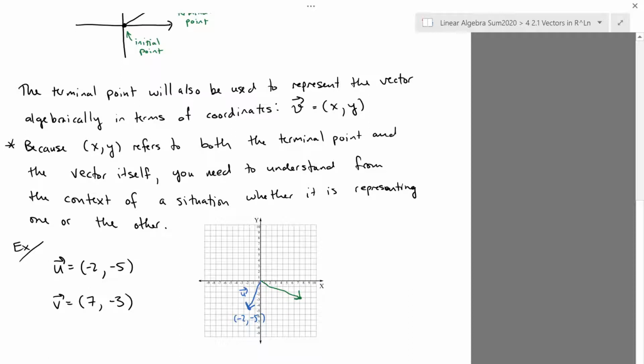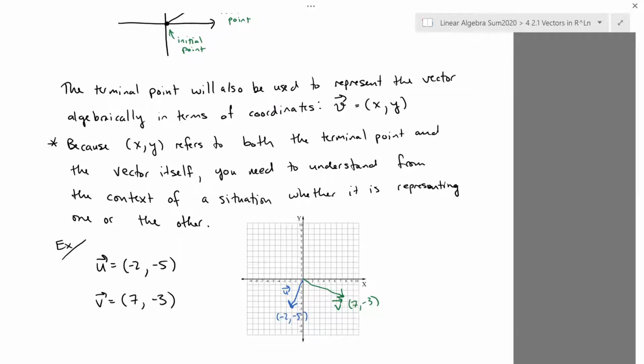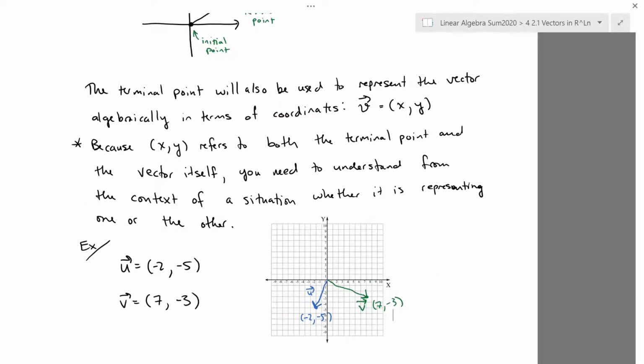The vector is this arrow, so this is the vector v with coordinates 7 comma -3. That's how we represent vectors in the plane: just an arrow from the origin up to the terminal point.